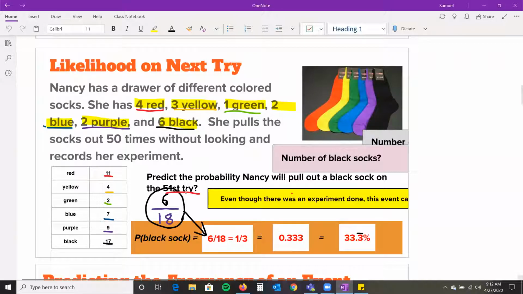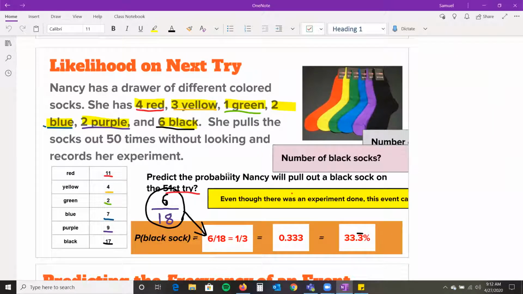And if she pulls out socks 50 times without looking and records her experiment, then we were talking about predicting the likelihood of the next try. So even if she pulls out socks 50 times without looking and records her results, it doesn't matter, because each try is always going to be the same percentage, because she's always putting them back and it's always starting out the same.